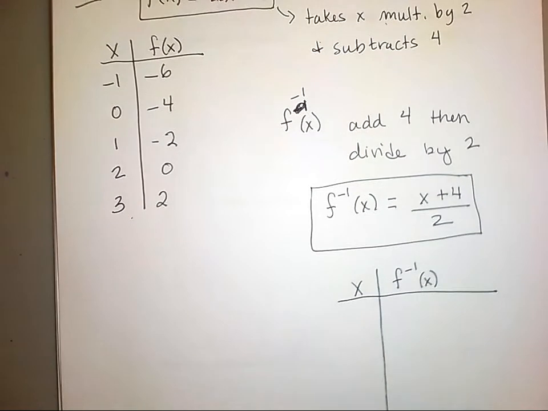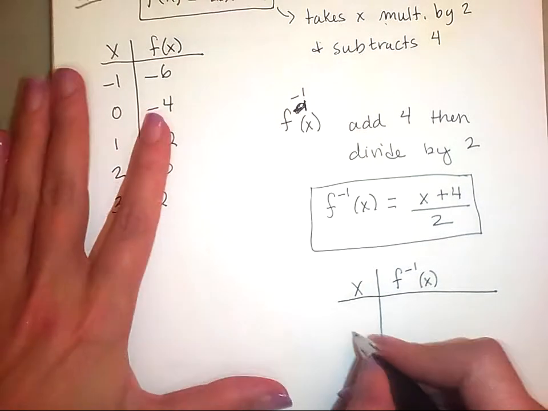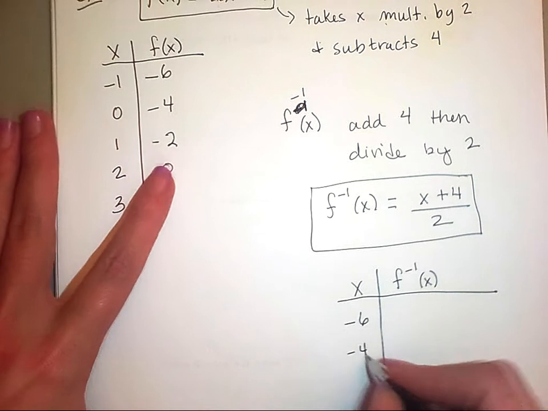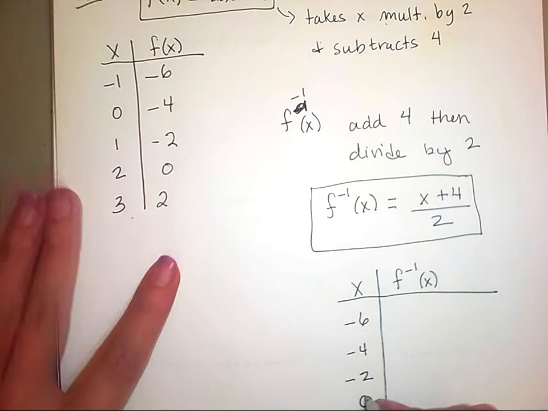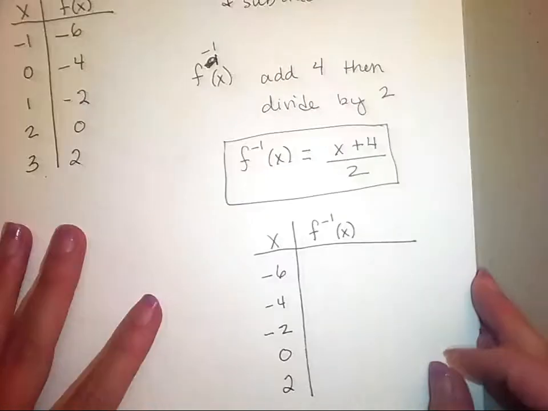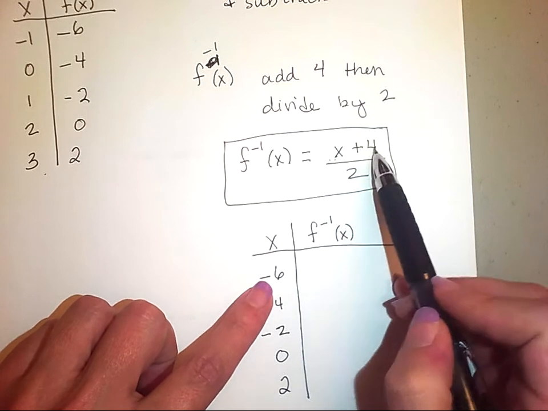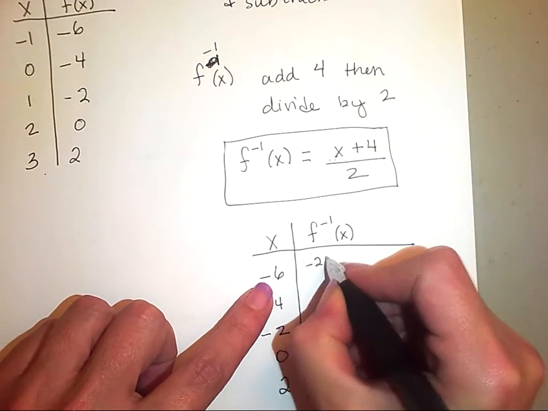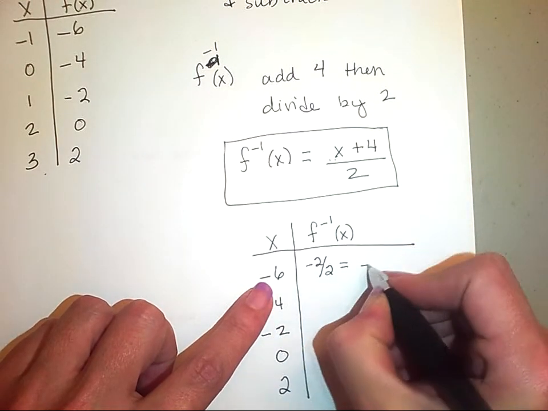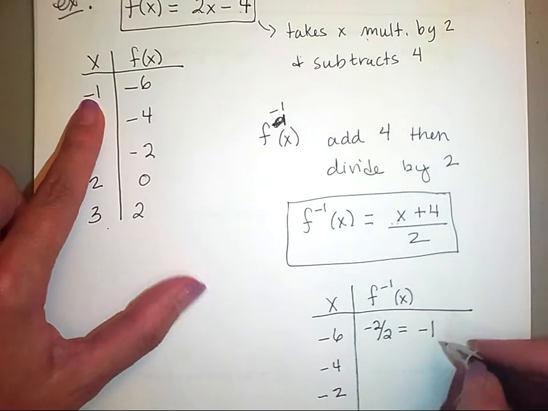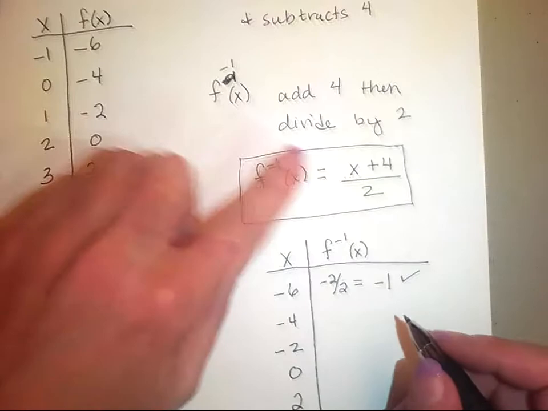So we will take -6, -4, -2, 0, and 2, and put them in. -6 plus 4 is -2, over 2 is -1, which is what we have. Good.